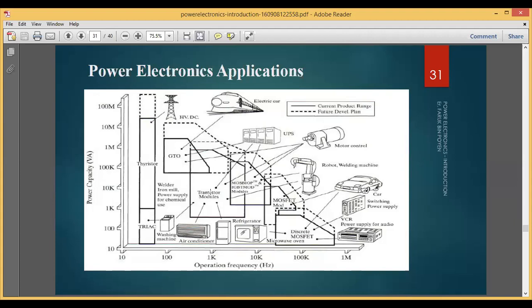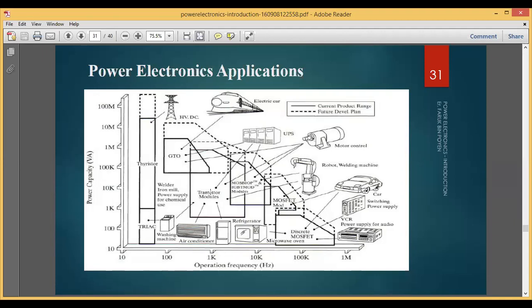The name power electronics cannot be highlighted much, but the benefits, the applications and their advantages play a very important role. Life cannot be sustained if you do not make use of those power electronic devices.